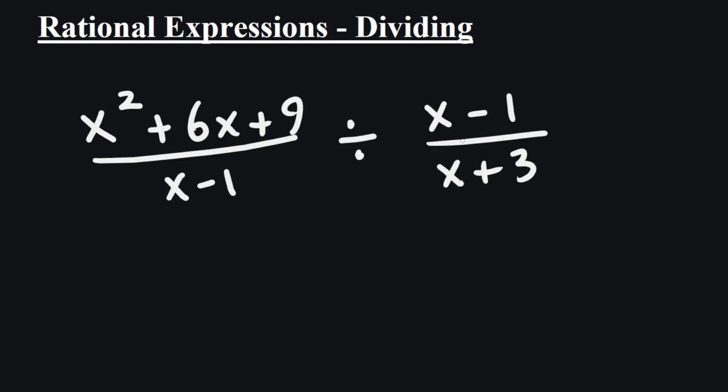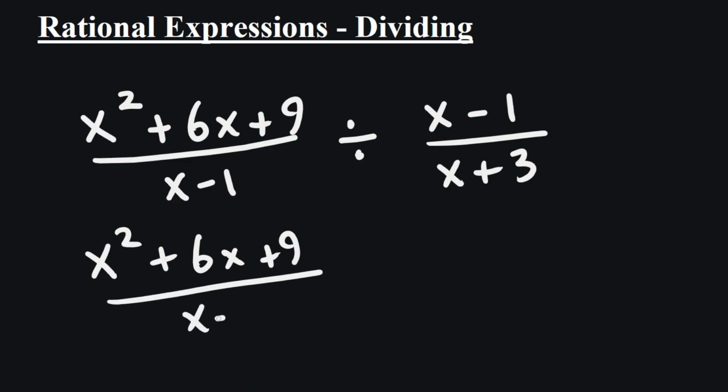Very similar to dividing actual fractions, whenever we divide rational expressions, we can just rewrite this as a multiplication problem. So let's rewrite this as x squared plus 6x plus 9 over x minus 1.